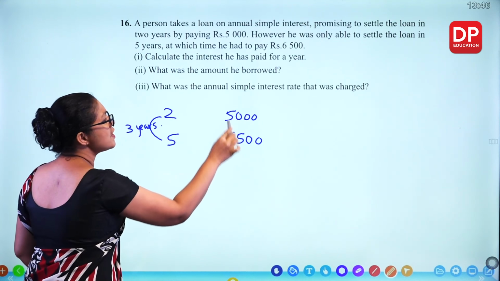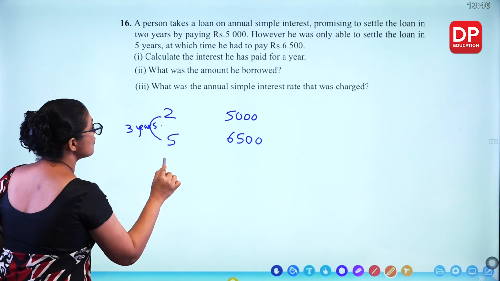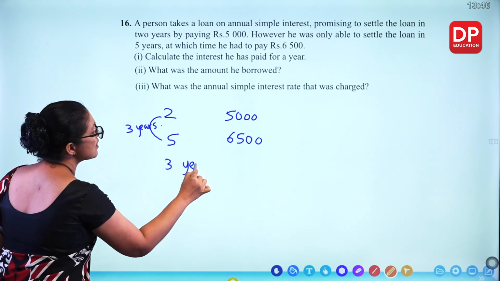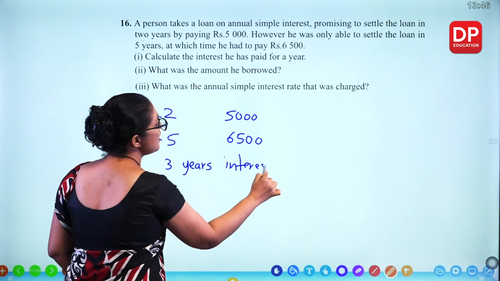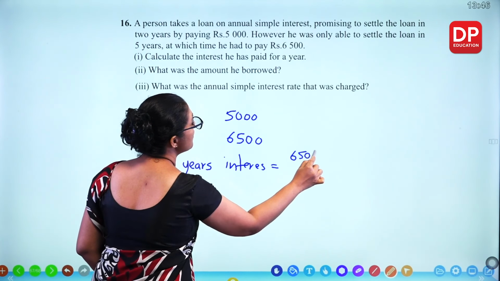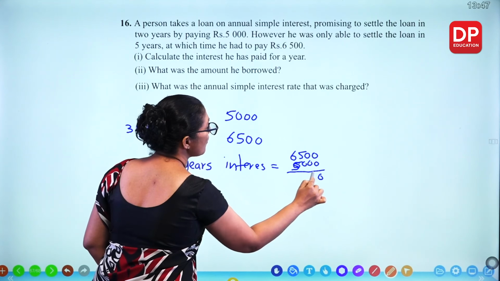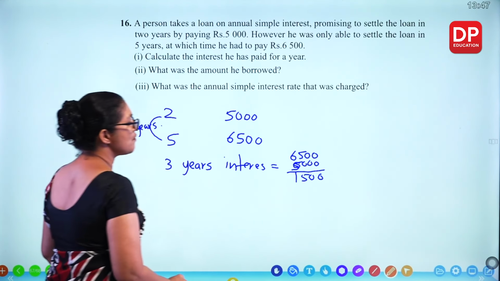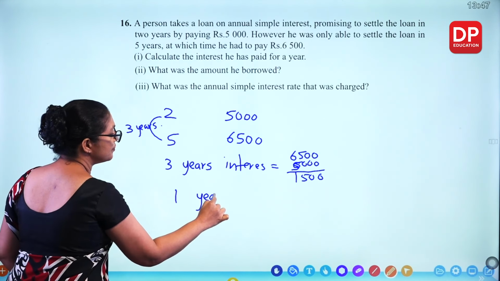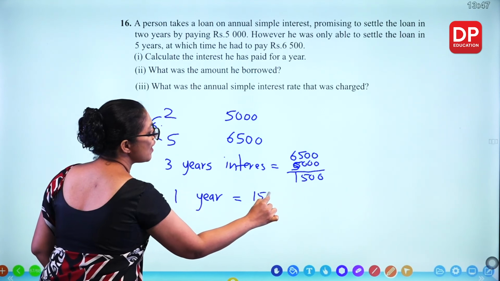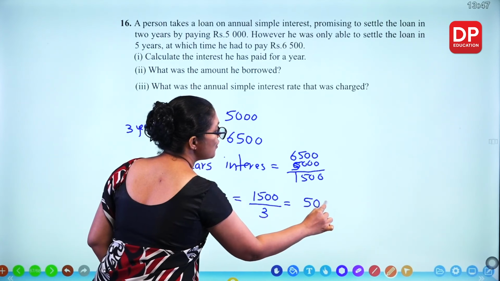So when you take the difference, that's for 3 years. So 3 years interest is equal to 6,500 minus 5,000, which is 1,500. What's the interest for 1 year? 1,500 divided by 3. So 500 rupees.